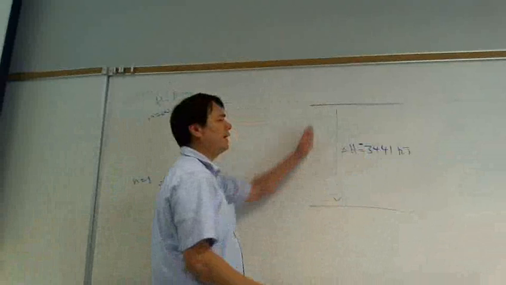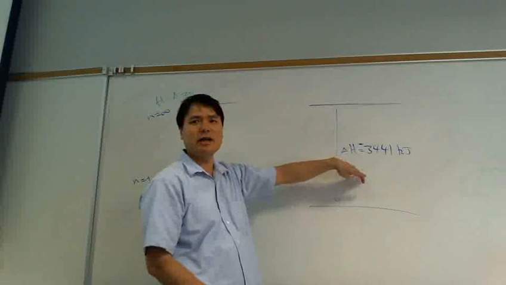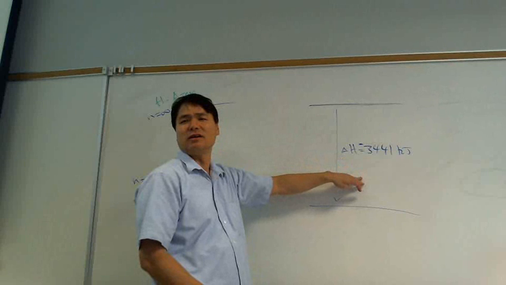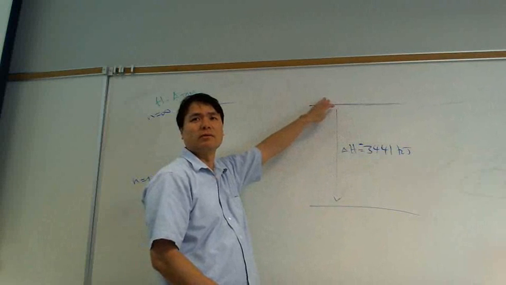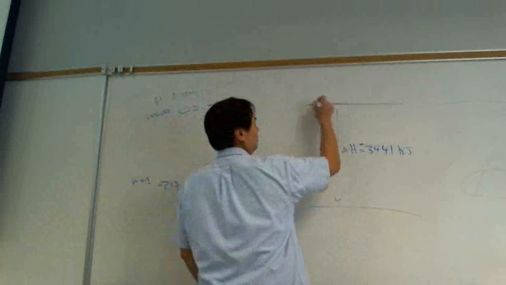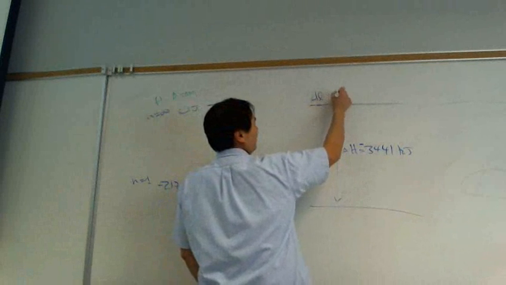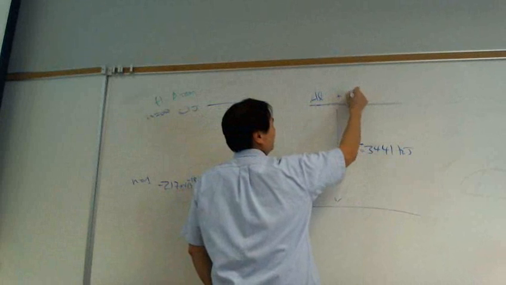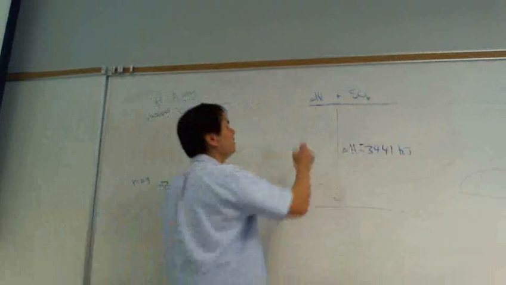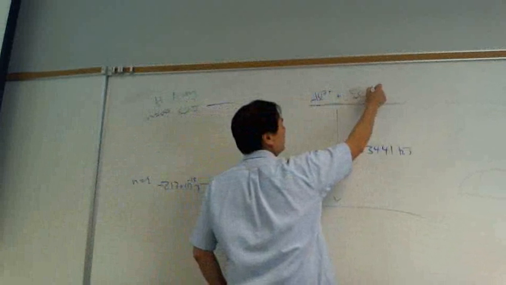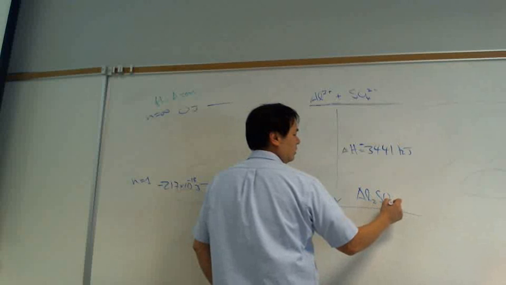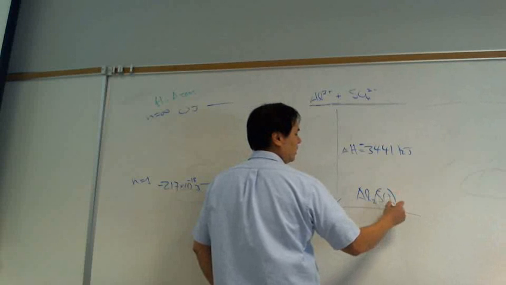All right, what is this drop for? Is it for Al3+ plus sulfate yields Al2(SO4)3? Is that it? Or what's the reaction here? Aluminum 3+ plus sulfate, and then we balance it to get Al2(SO4)3.